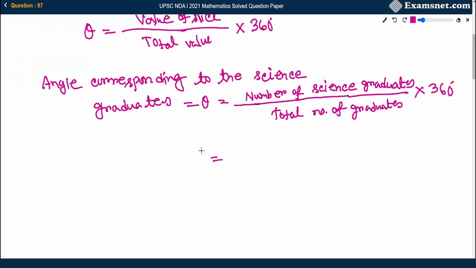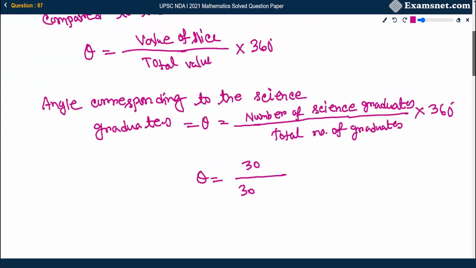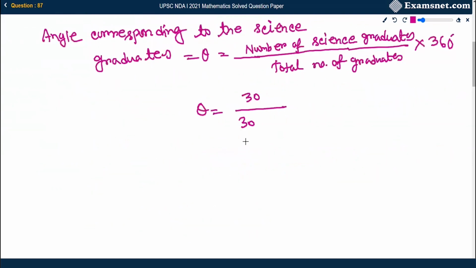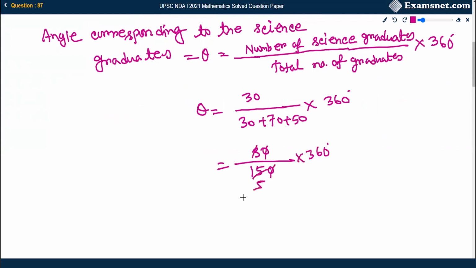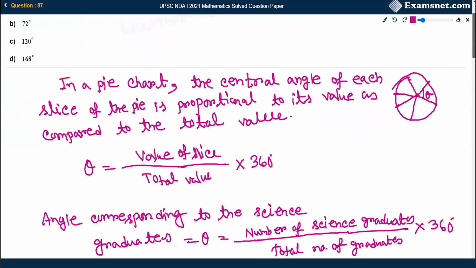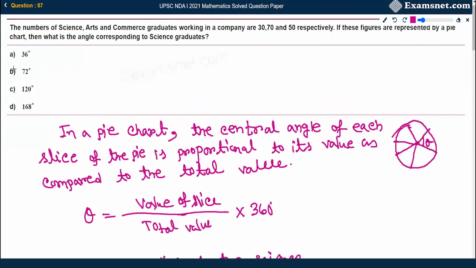So here we already know the number of science graduates, that is 30, and the total number of science, arts and commerce graduates, that is 30 plus 70 plus 50, which is 150, multiplied by 360 degrees. 5, so I'll get 72 degrees. So the value is 72 degrees. Here option B is the correct answer.